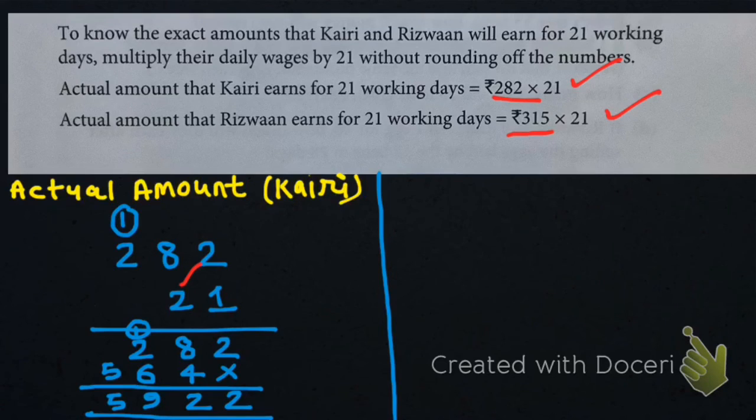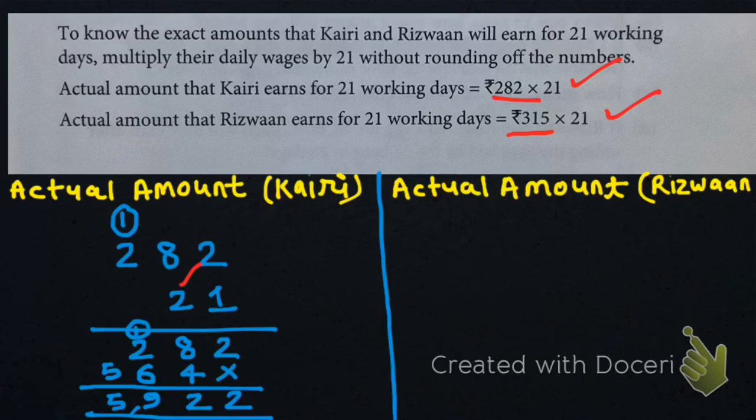We have not rounded off here, and let's find out the actual amount of Rizwan. To find out the actual amount, you'll just multiply these numbers. How many rupees does he earn in one day? In one day he earns 315, and we have to find the total amount earned in 21 days.